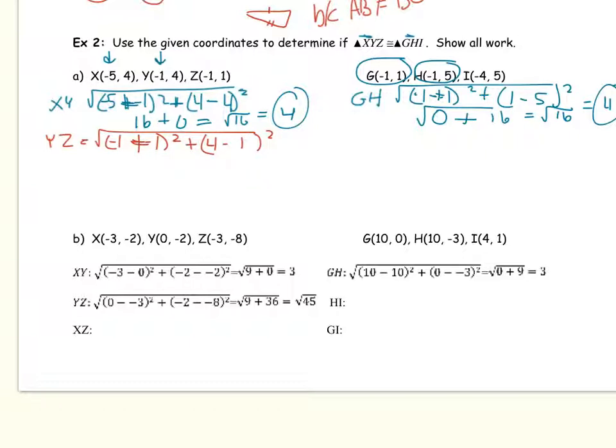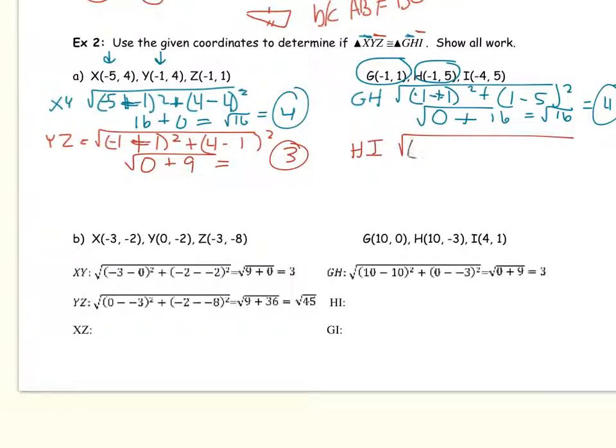And so -1 plus 1 is 0. So I have a 0 here, plus 4 minus 1 is 3, and 3 squared is 9. So really the square root of 9 is 3. And then I match up the same side over here, and YZ is right here, so that matches up with HI.